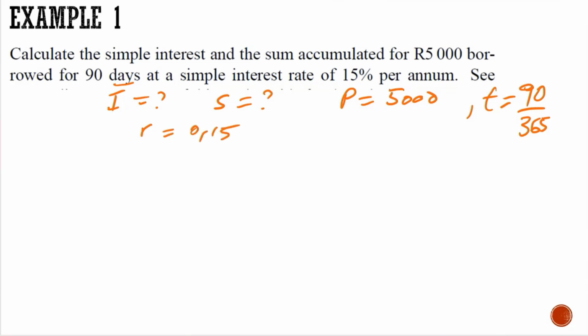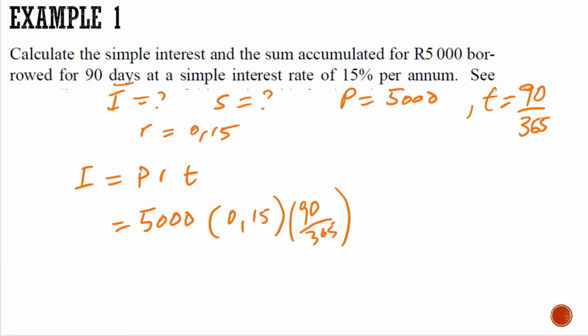So we said we are going to start with the formula I is equal to PRT. So now our P is 5,000. Our R is 0.15. And our time has already been converted, so we are going to have 90 divided by 365.